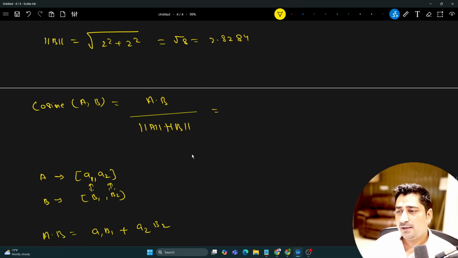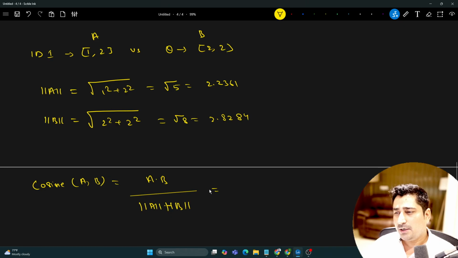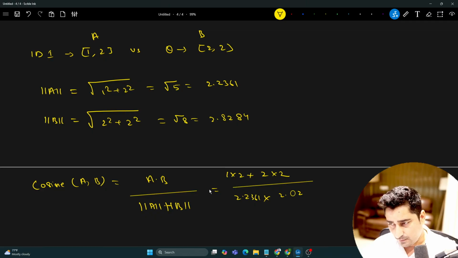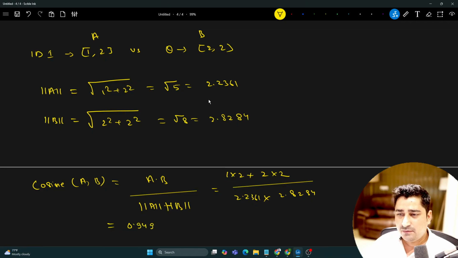Okay, so here we have a vector. What is going to be the dot product? Let me write it down: 1 into 2 plus 2 into 2, divided by the magnitude of A, 2.2361, into the magnitude of B, 2.8284. If I do the math, I will be able to find the final value, which is 0.949.